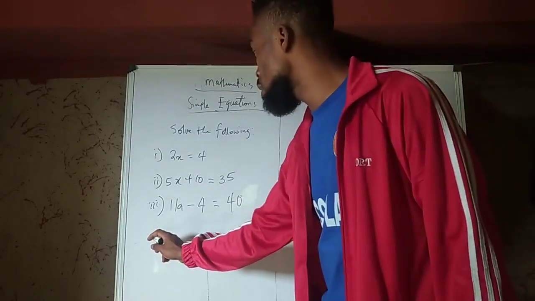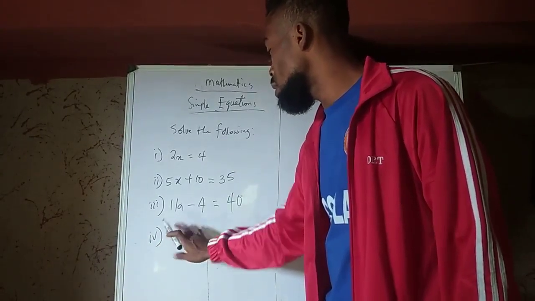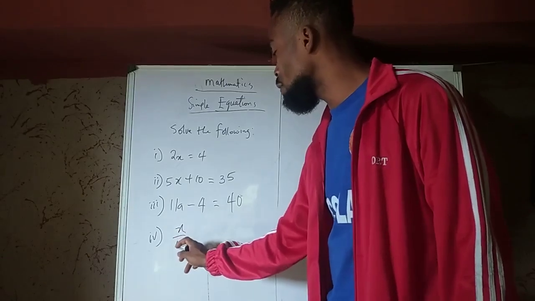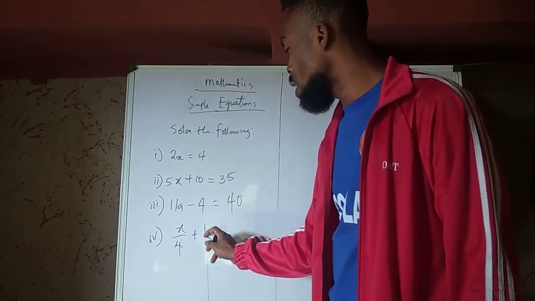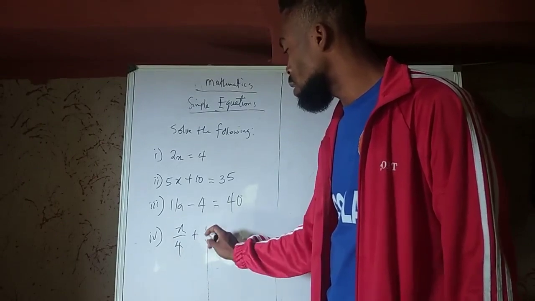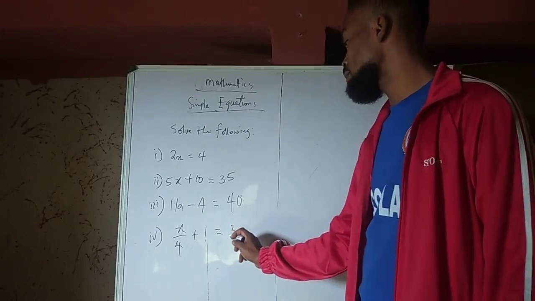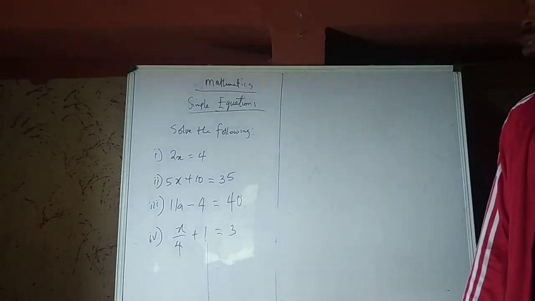Then I'll also say x over 4 plus 1 equals 3.